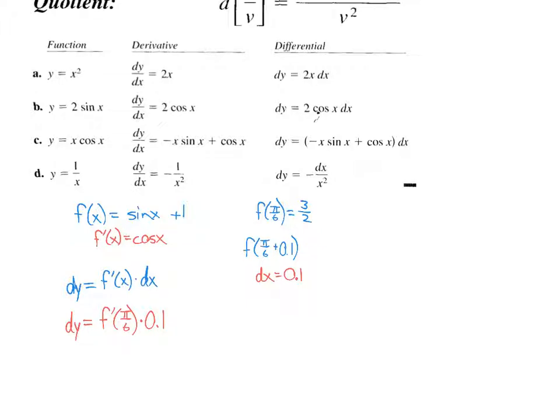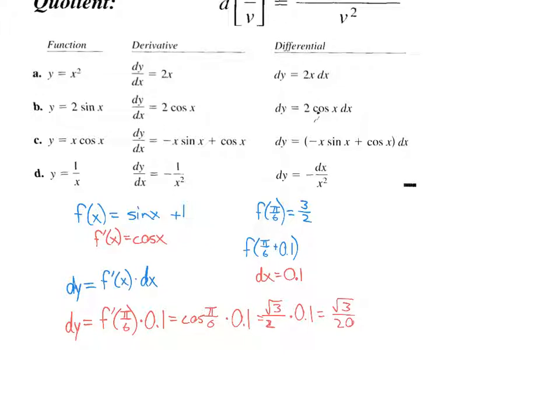Well, what's f prime of pi over 6? It's cosine of pi over 6, root 3 over 2. And then we multiply this by 0.1. So it's root 3 over 2 times 0.1, which is root 3 over 20 if we simplify that.